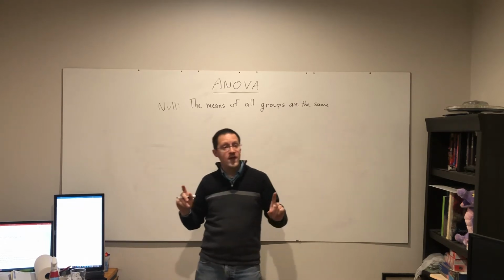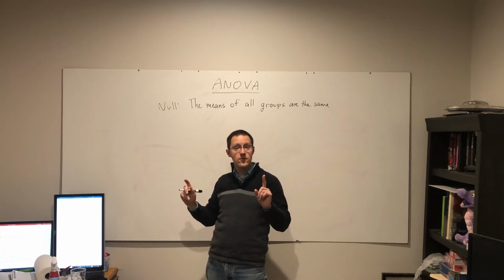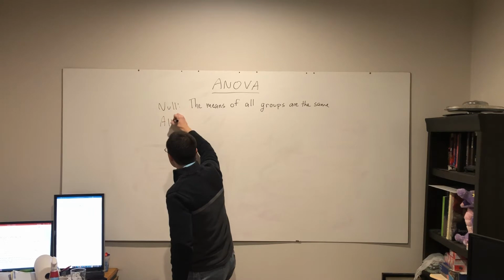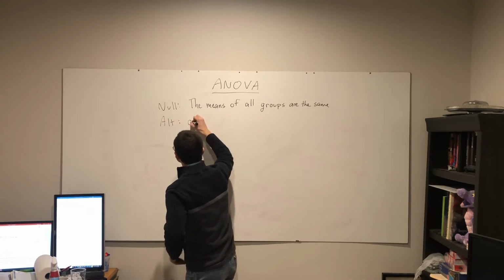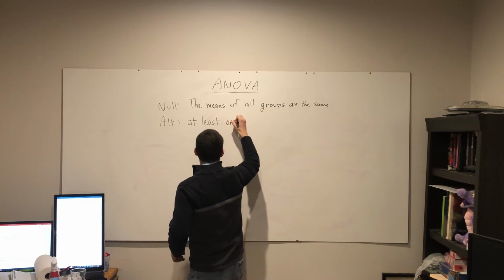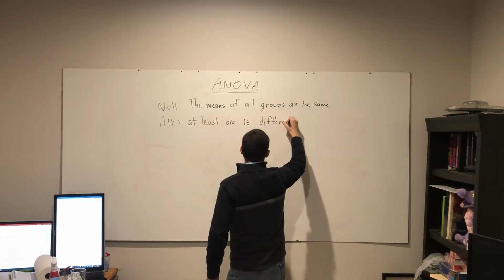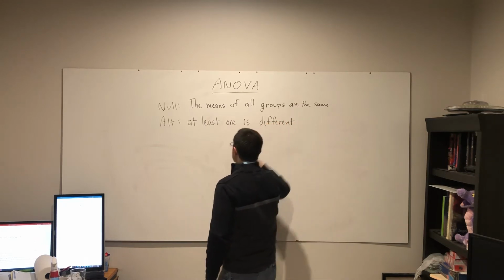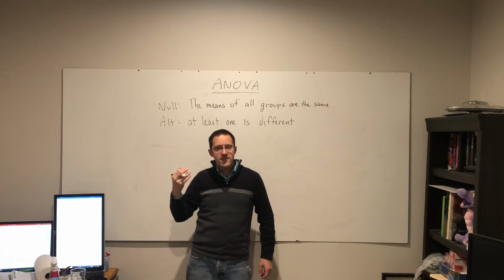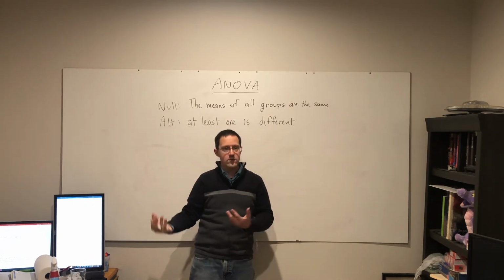It's important at this point to specify the alternative hypothesis because it can easily trip people up. This is not saying every single mean is different as the alternative hypothesis.